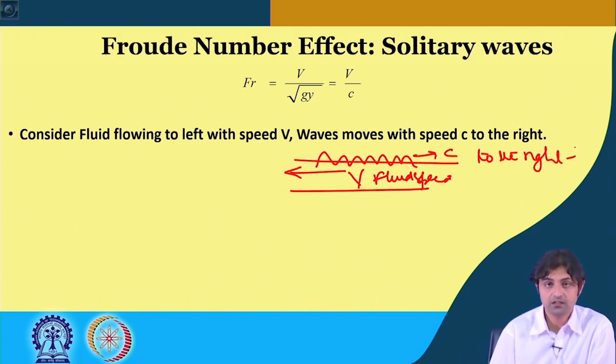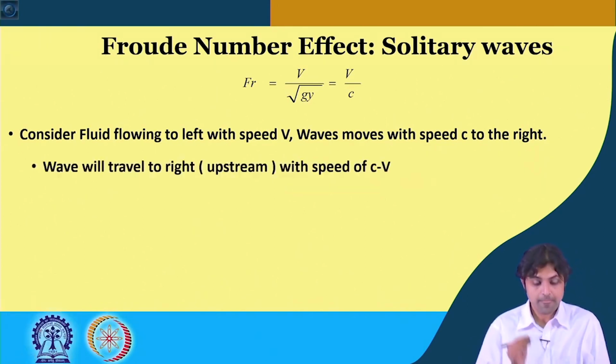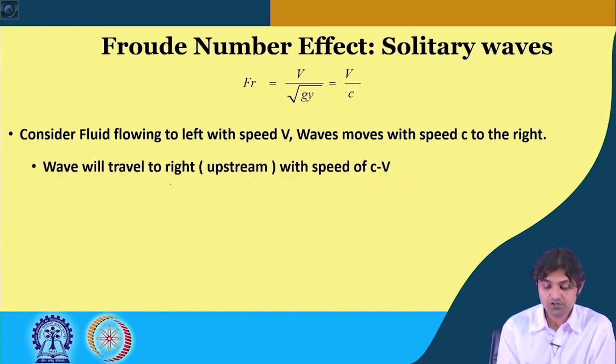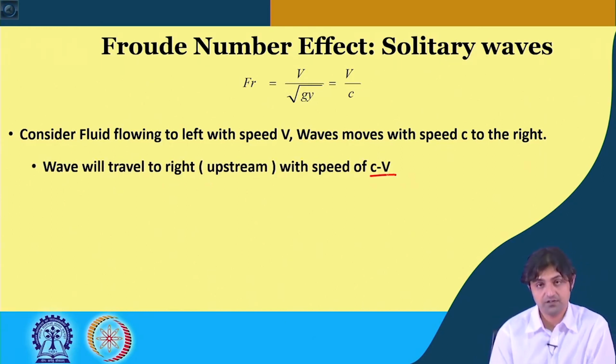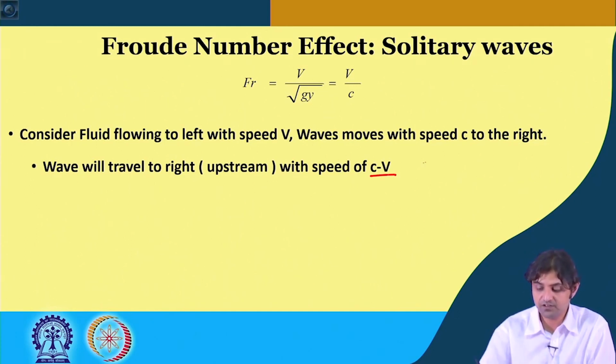Then the wave will be able to travel to the right, that means upstream, with the speed c minus v, because the wave will be on the fluid which is moving to the left with speed v, and it has its own speed c. So, the relative velocity will be c minus v for the waves, correct.